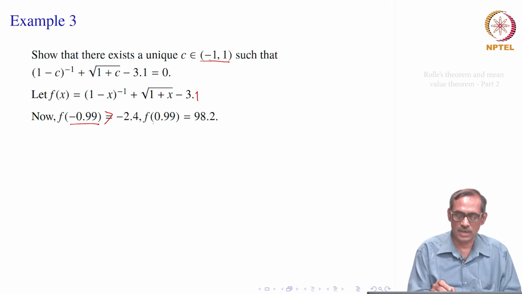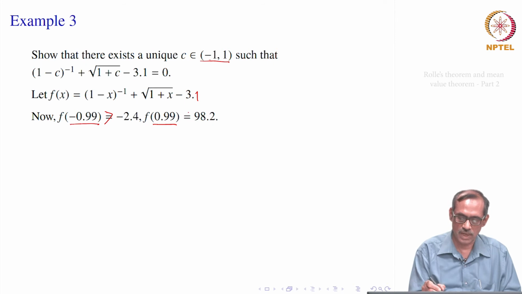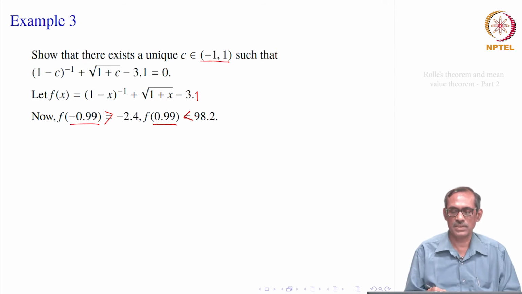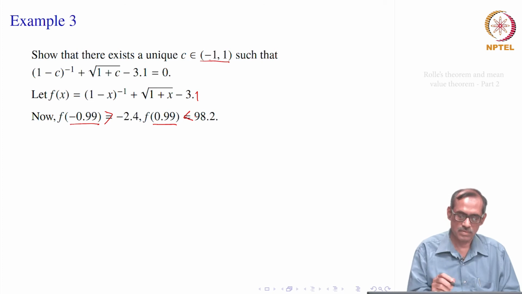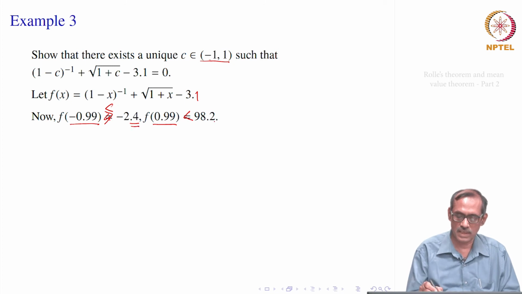Similarly, if you compute at 0.99, which again belongs to the open interval -1 to 1, we would get that this is less than 98.2. In fact, if we compute, you may get minus 2.4 something, so it is chopped off here, and here similarly it is chopped off, so it is 98.2 something.